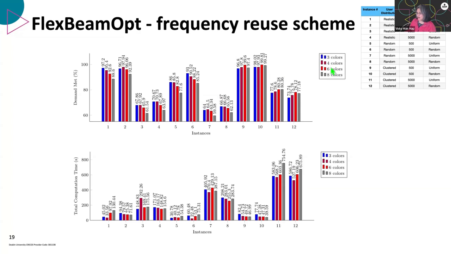Some of the other color schemes are the winner in some instances, but they did really poorly in other instances. So I guess if we study the distribution of users and the distribution of the demands and all the rest of it, and plug it into a machine learning algorithm, it could probably tell us what the best method to use is, and also what the best frequency reuse scheme to use is. So we need to leave that for future research.